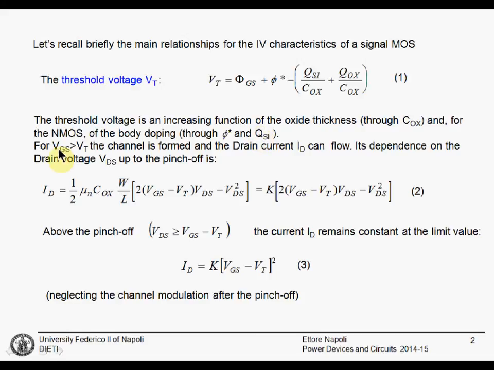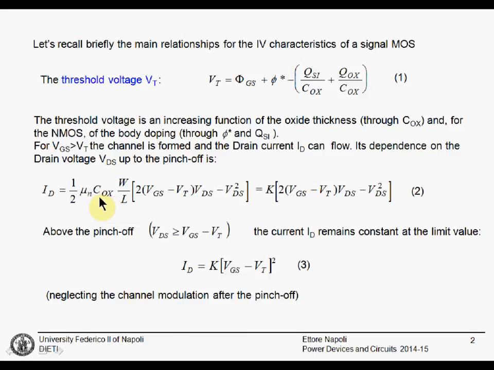When the gate to source voltage is larger than the threshold voltage, a channel is formed under the gate, and a drain current can flow. We are in the triode, linear or pinch-off regions. The dependence on the drain voltage in the triode region is this one. The current will be 1/2 mu n, this is the mobility of the electrons.